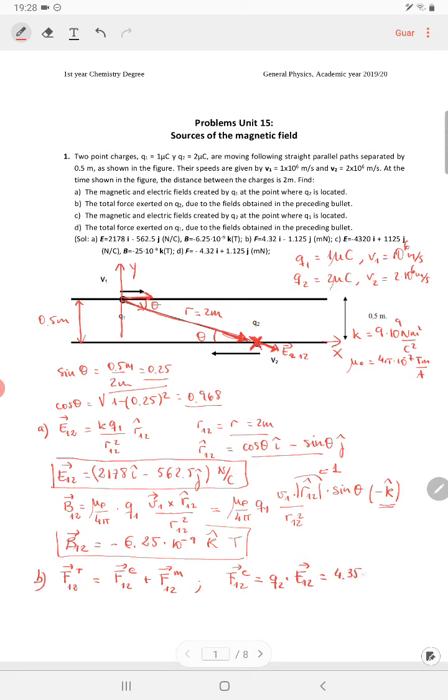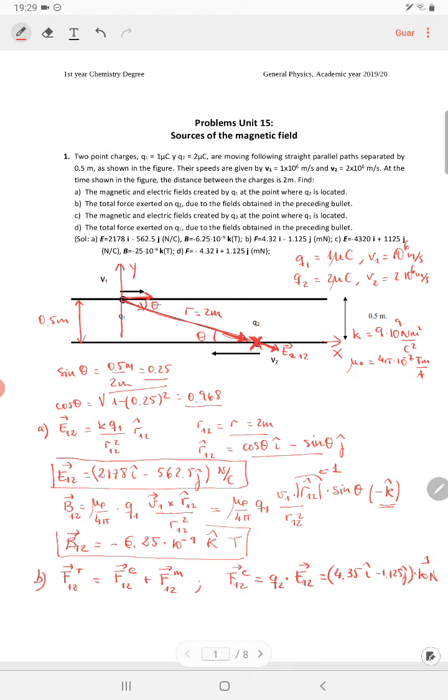4.35 in the x direction minus 1.125 in the y direction, and this is in millinewton, excuse me, this is 10 to the minus 3 Newton directly.